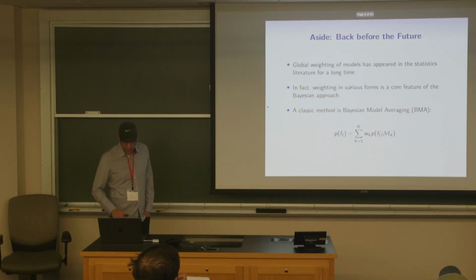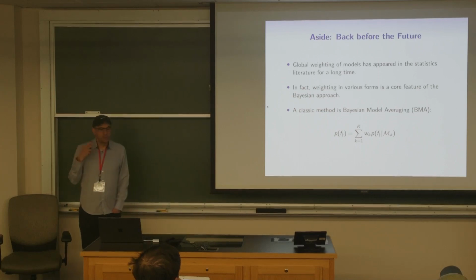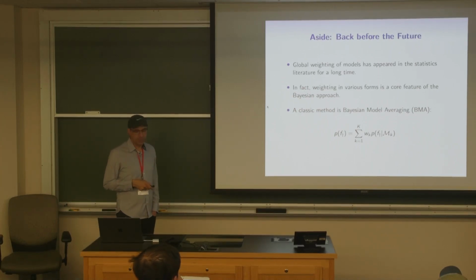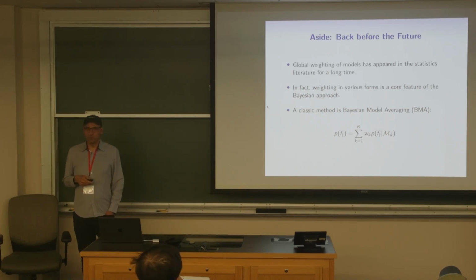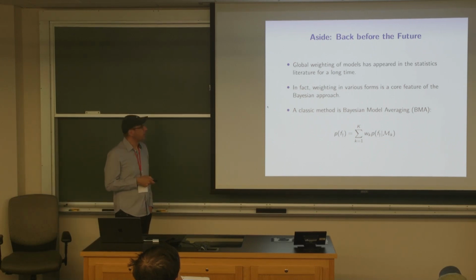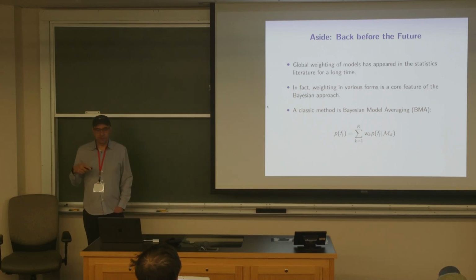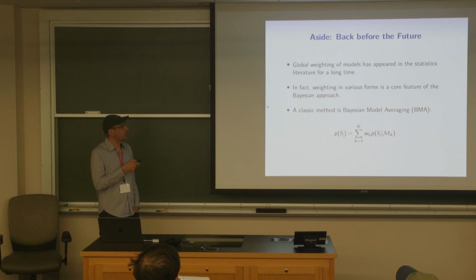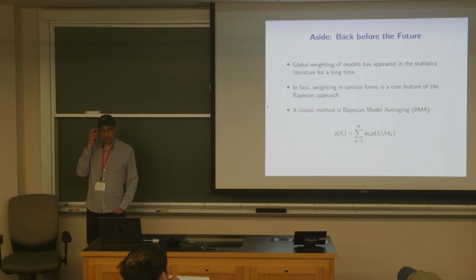Okay, before we dive into what that might look like, perhaps some motivation from history, a bit of a back-before-the-future slide. If we ignore the locality issue in mixing these models, global weighting of models has appeared in the stats literature for a long time.